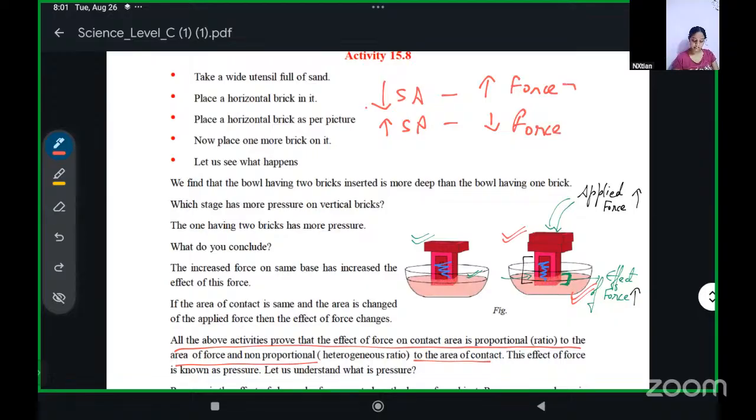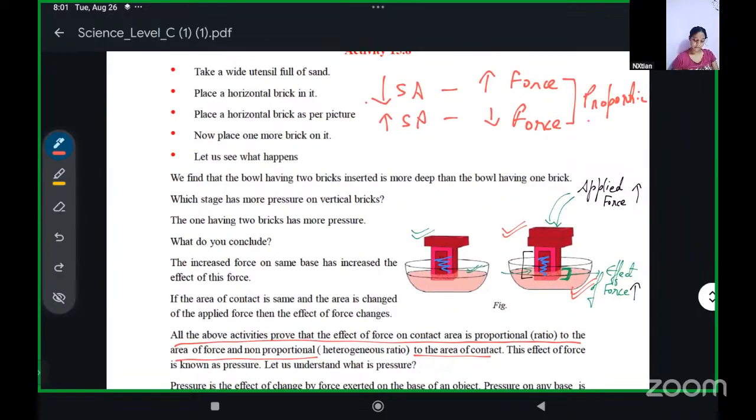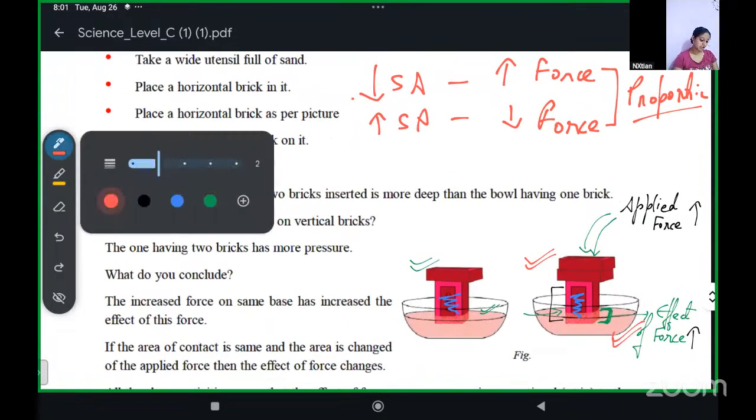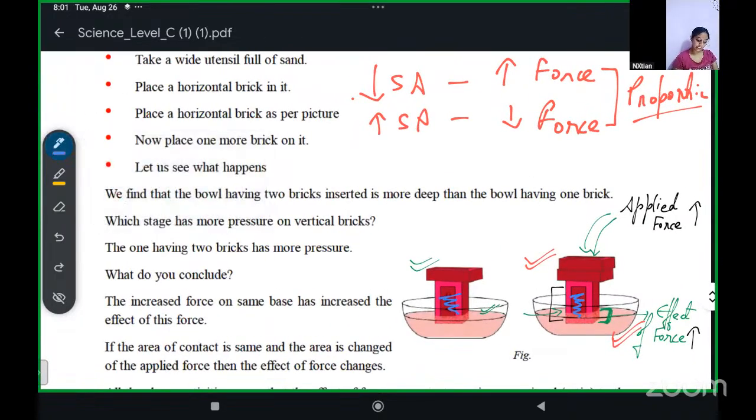These two things are related proportionally. Whereas it says that the other is non-proportional. If the applied force is more, meaning the force that you're applying is more, then the effect of force will also be more.